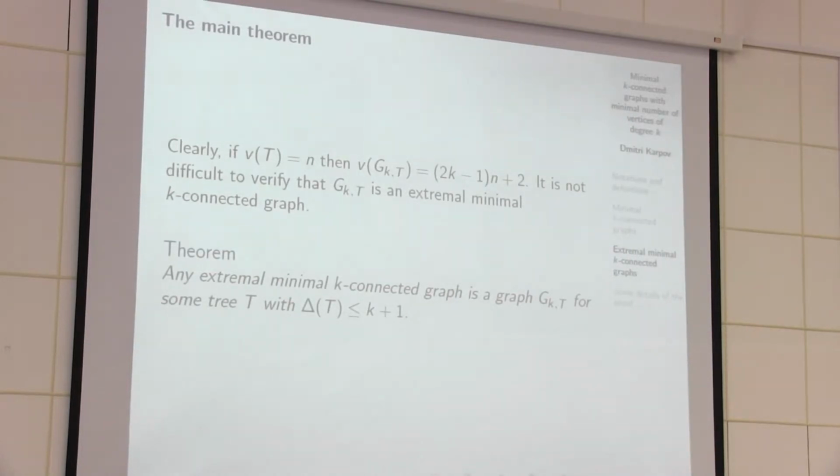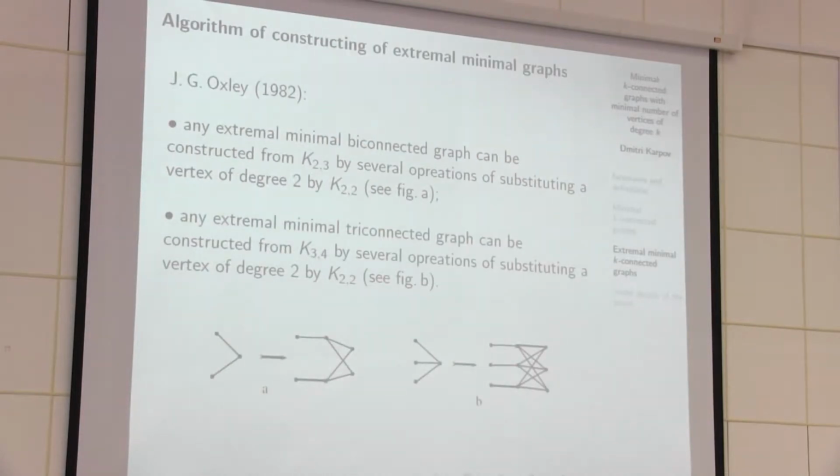It is the work of Oxley, 1982. He described an algorithm of constructing every extremal minimal graph for k equal to 2 and 3. For k equal to 2, we start with the complete bipartite graph K_{2,3}, and then several times repeat such an operation.